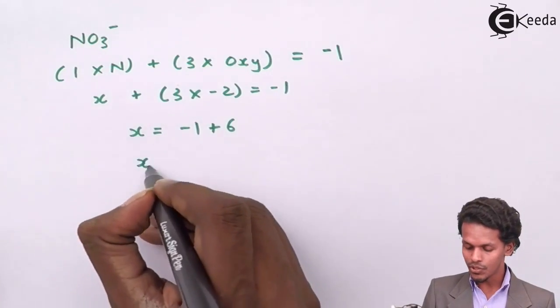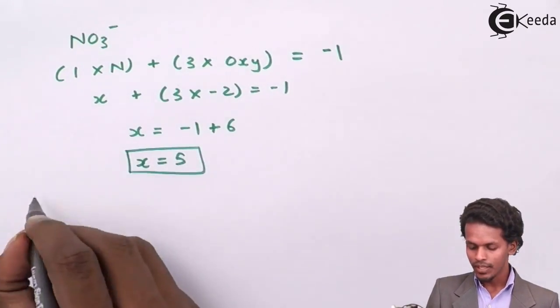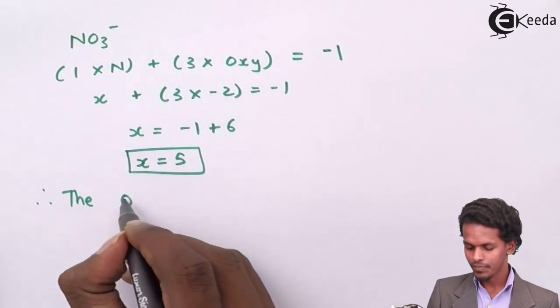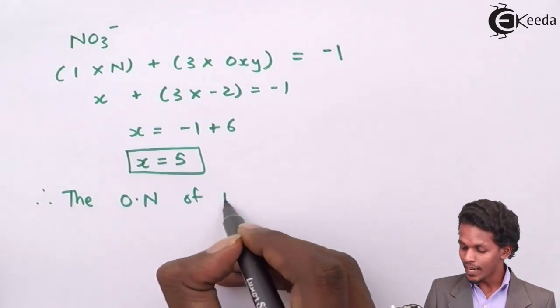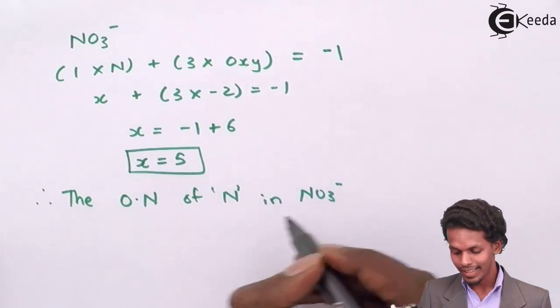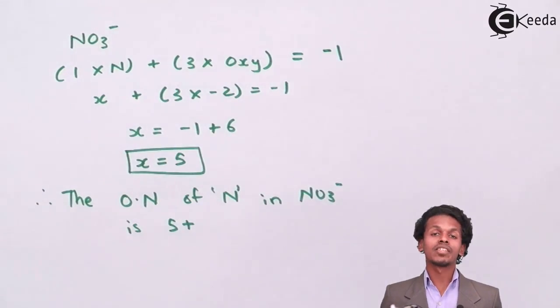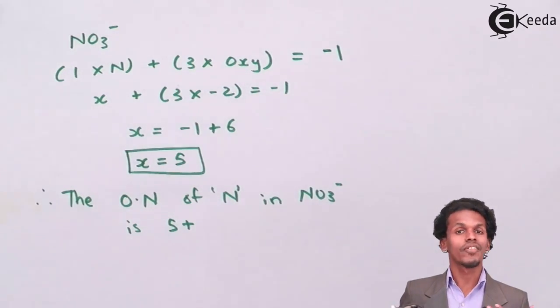Therefore X is equal to 5. Therefore the oxidation number of nitrogen in NO3 minus is 5 plus. So we have estimated the oxidation numbers of the reactants.